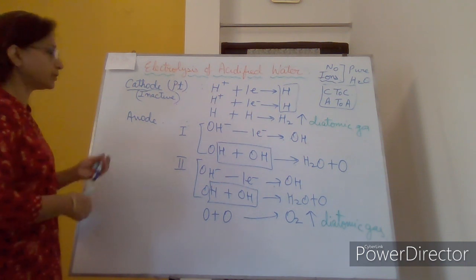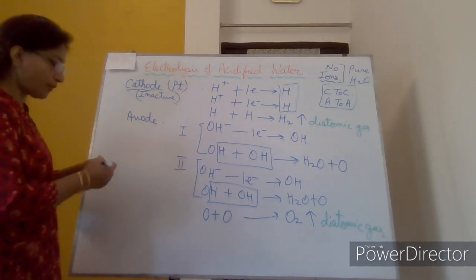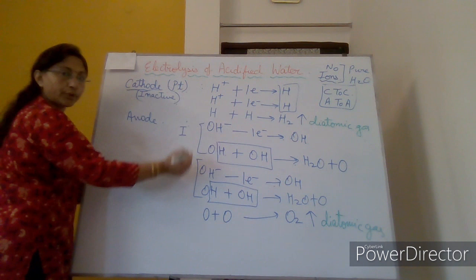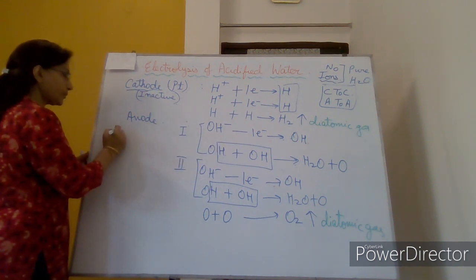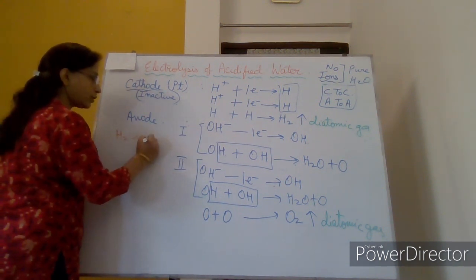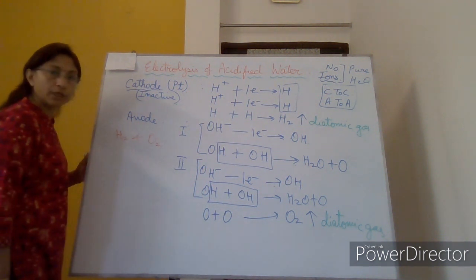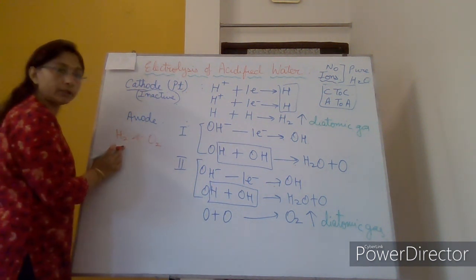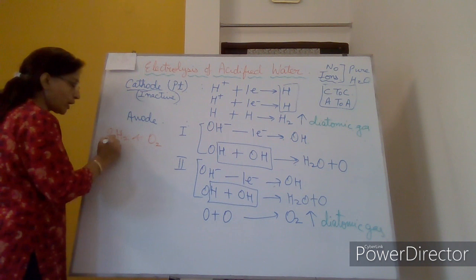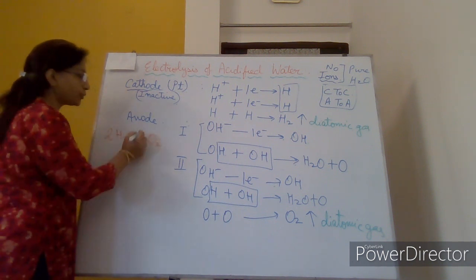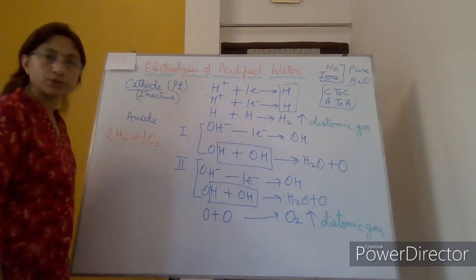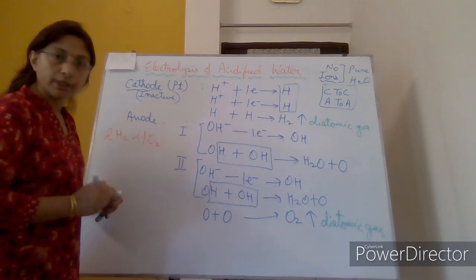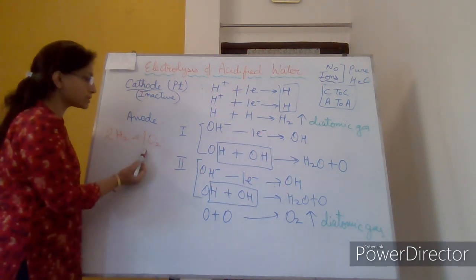Now here comes another question, why is that so? During the electrolysis of water, hydrogen and oxygen are produced in a ratio of 2:1. That means 2 atoms of hydrogen are getting produced and only 1 atom of oxygen is getting produced. This is a question that can be asked.